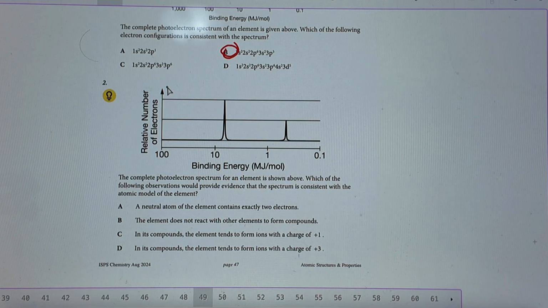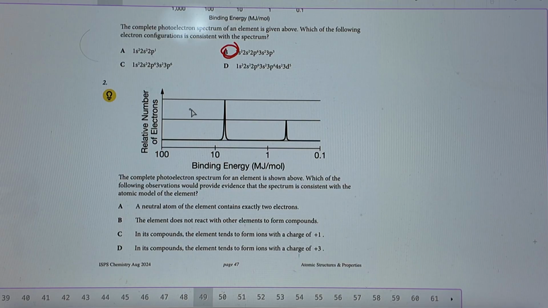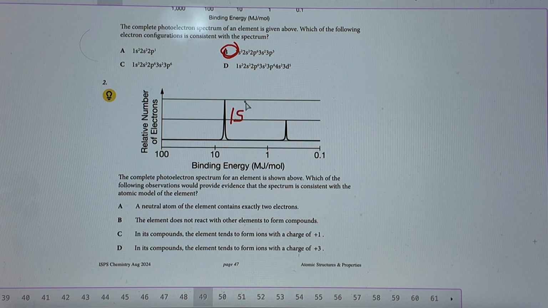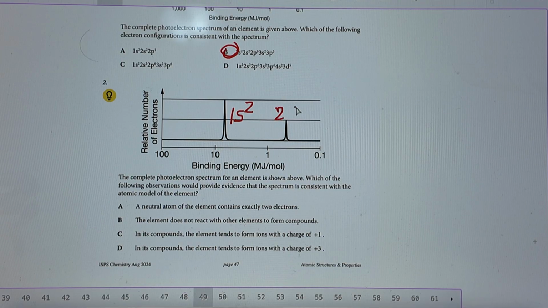Okay, so here this would be 1s2, right? Because it's 1, 2, and then it would be 2s1 because there's only one here.